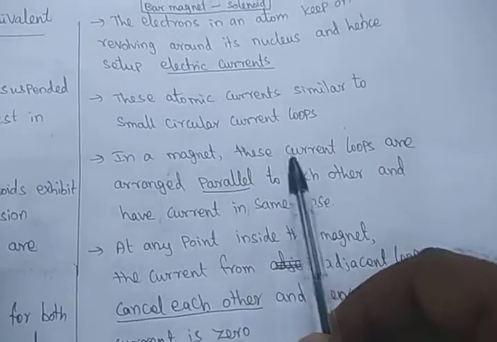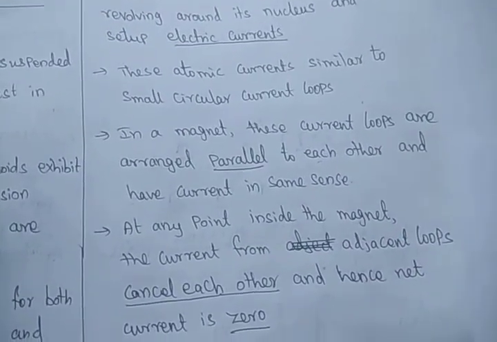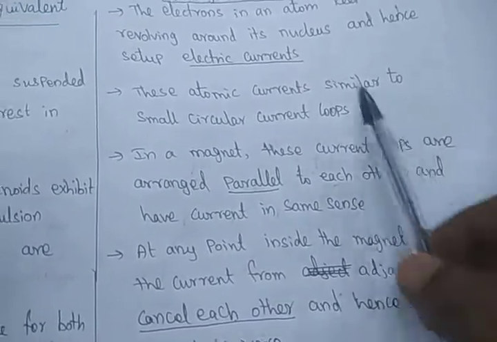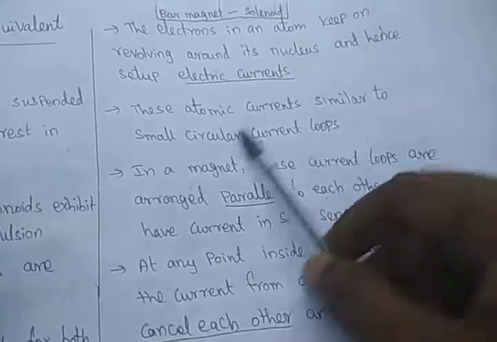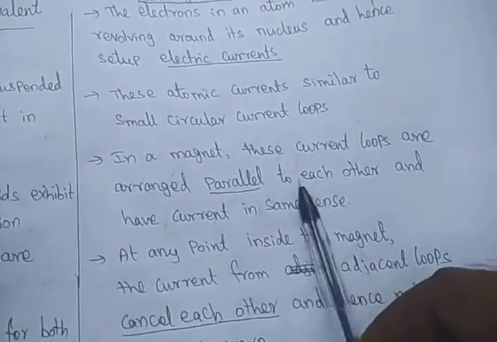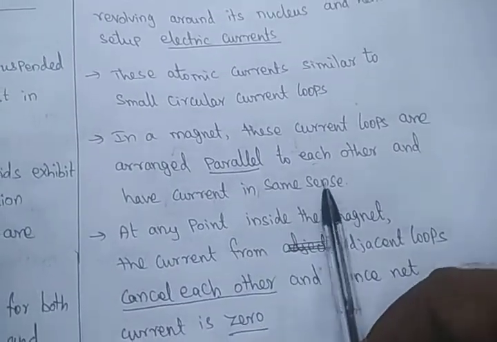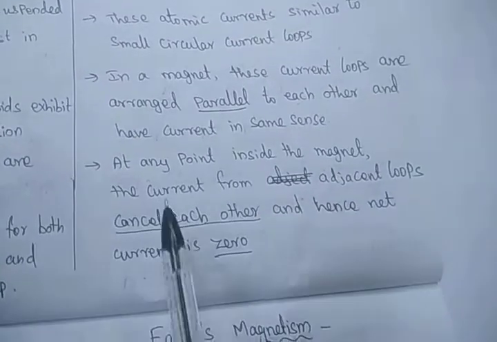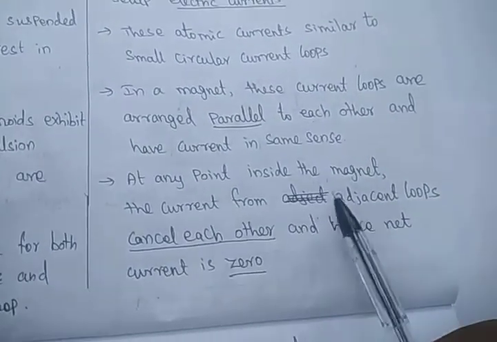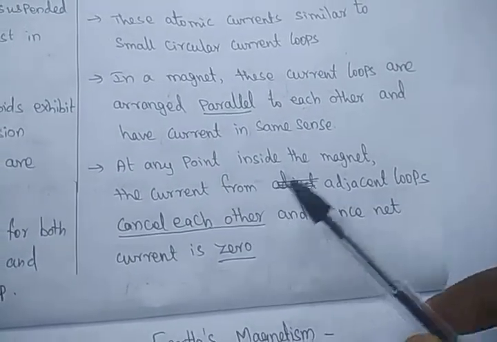In a magnet, these current loops are arranged parallel to each other and have current in the same sense. That means these current loops are concentric circles, and the orbits are concentric circles. That's why we say they are parallel to each other and the current is in the same sense, so the current flows in the same direction. At any point inside the magnet, the current from adjacent loops cancels each other and hence the net current is zero.